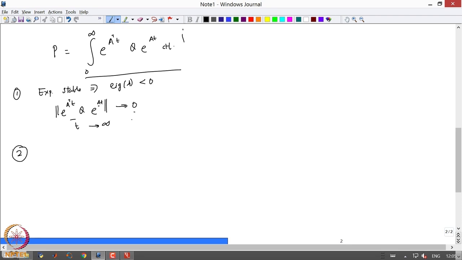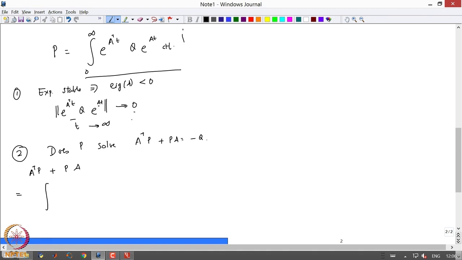Step number 2: does P solve this equation, A transpose P plus P A equals minus Q? Just substitute P in this equation.